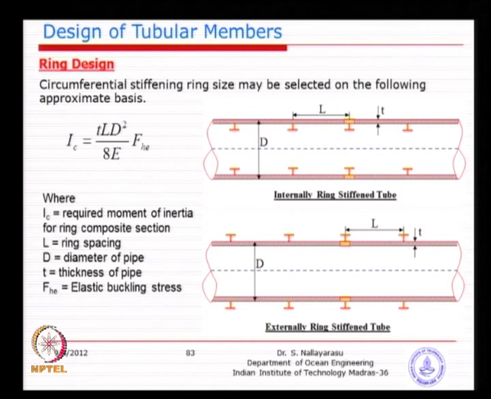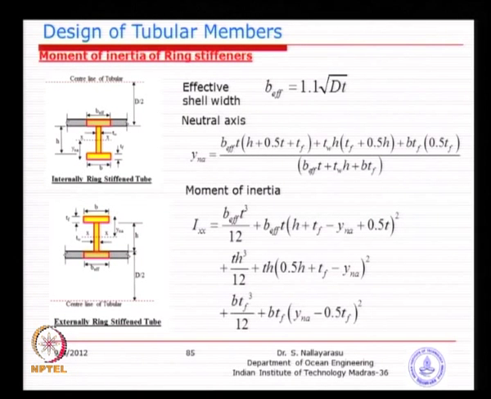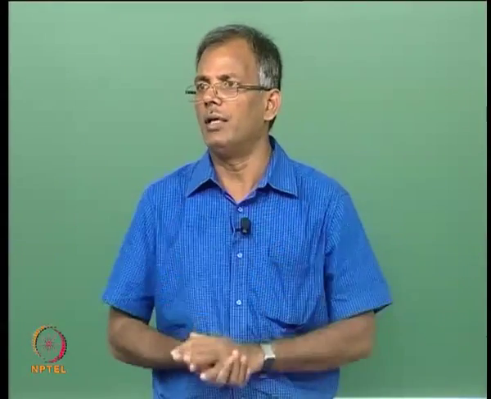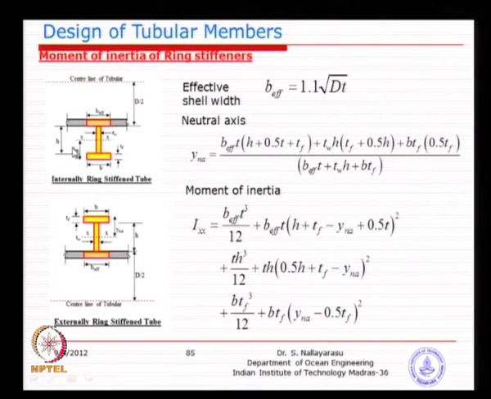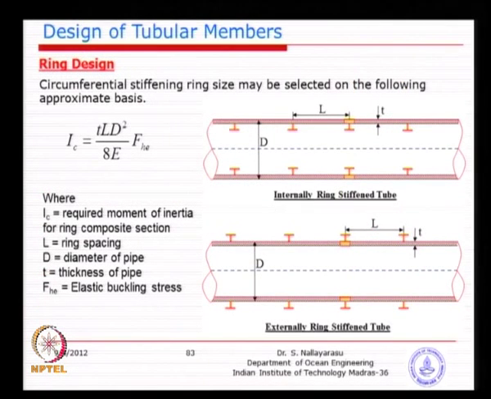That is why I have put a little highlight, that the ring together with part of the shell is behaving as a ring itself. The moment of inertia calculation is simply done according to your second moment of area: you find the neutral axis and then find the moment of inertia about its own axis. That is why I have put the so-called XX there. As long as the provided moment of inertia is greater than the moment of inertia required by this calculation, then your assumption of 3 things is valid.